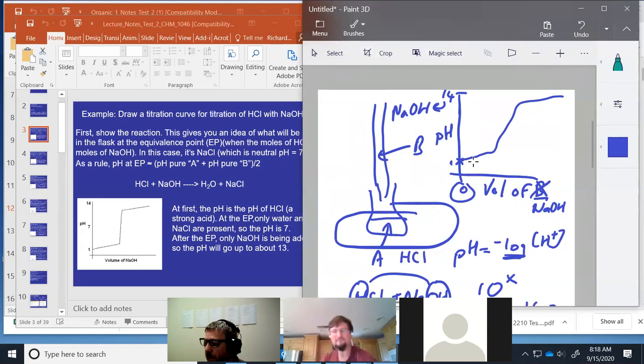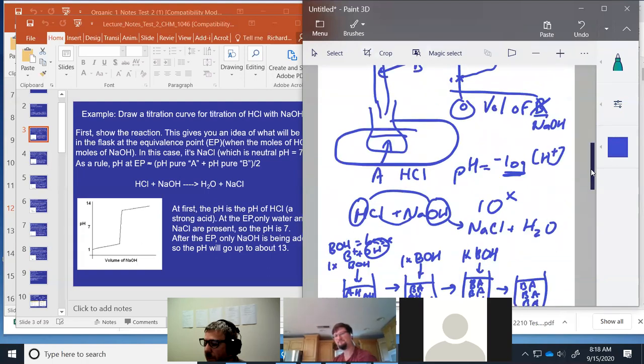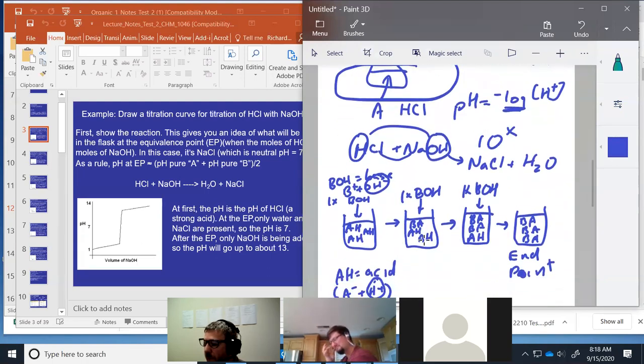And what happens at that point is that the pH goes up because the AH is going down in concentration, so it's becoming less acidic.